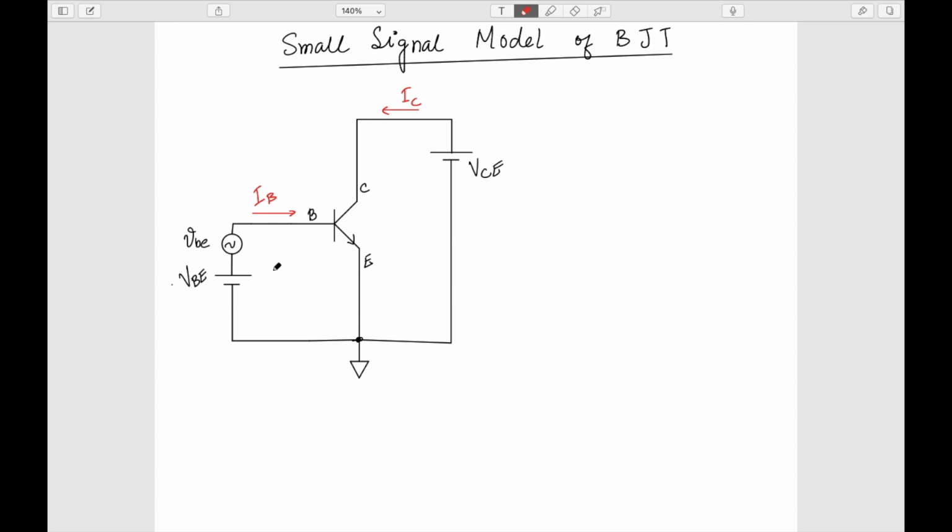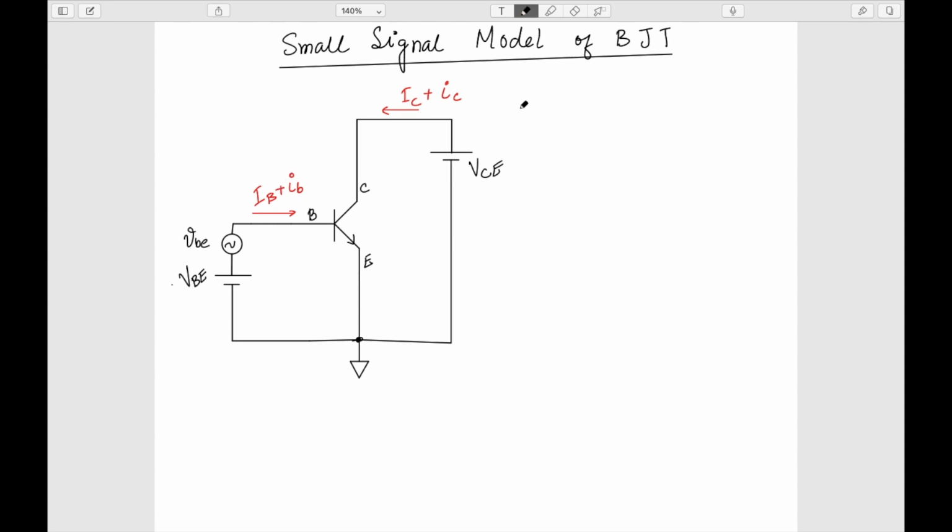Now, because I have applied this additional small signal, considered to be maybe a few millivolts, there will be a change in this IB current, and let's call this small ib. So I have this IB plus the small ib because of this additional vbe applied, and of course we will also have variation in the IC, and there will be this small ic, and we know that this variation small ic will be equal to beta times this small ib.